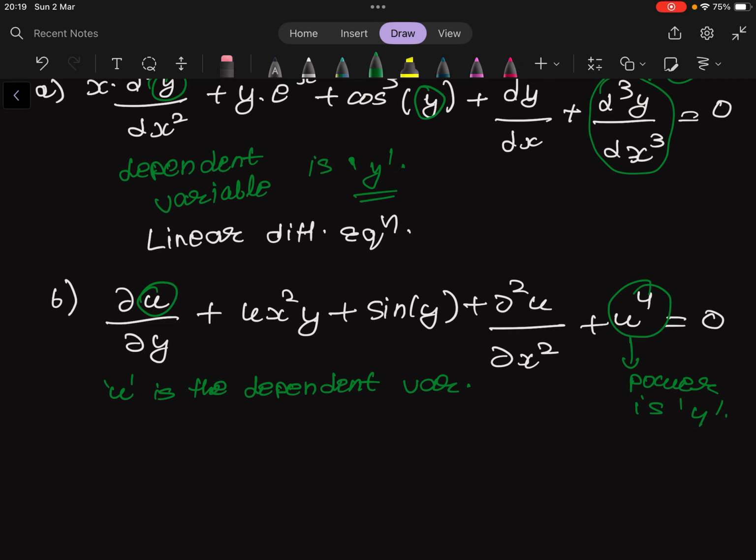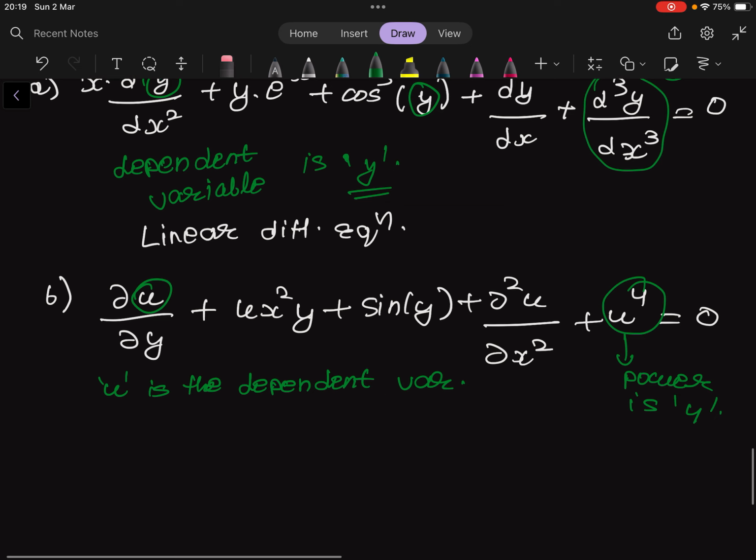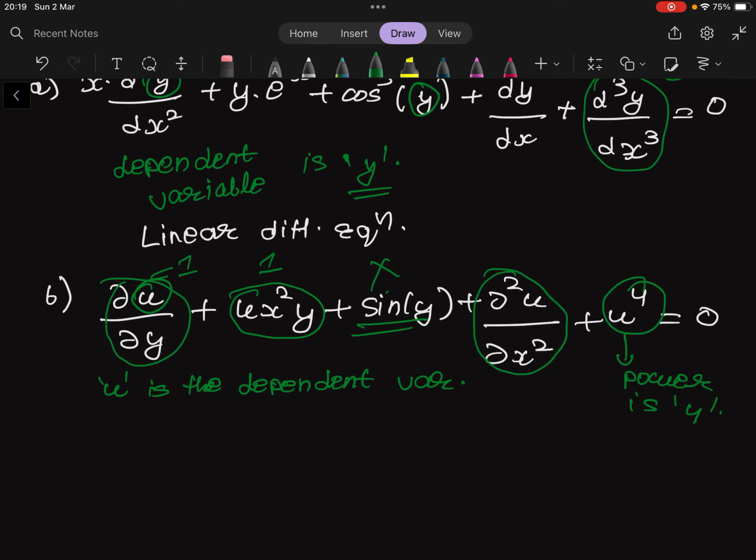And what is the power of u in the other terms? For this term, the power of u is 1, and in this term also the power of u is 1. But in this term, the power is 4.